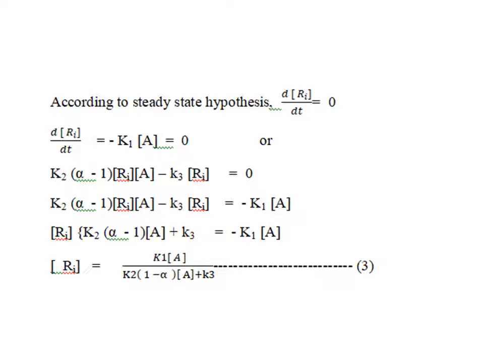We take it common, that is Ri concentration into K2 into alpha minus 1 into concentration of A plus K3, equal to minus K1 into concentration of A.